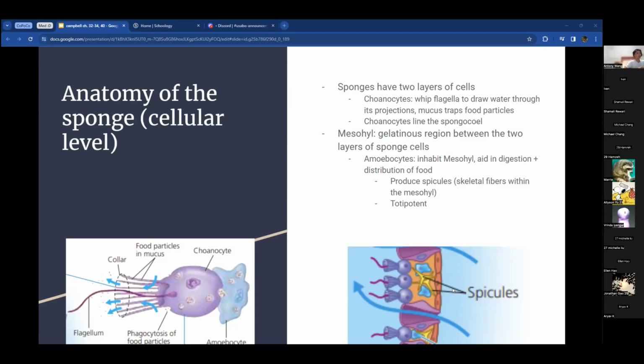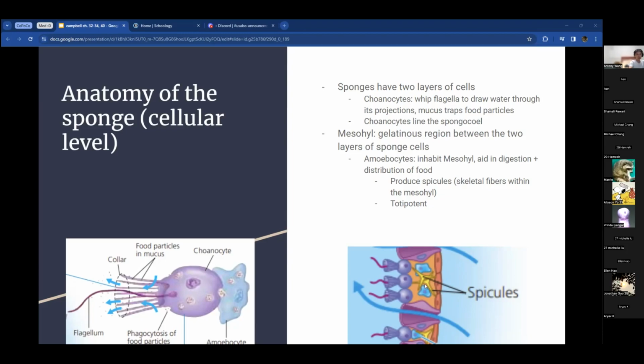These are called amoebocytes, and these amoebocytes build the mesohyl, which is a gelatinous layer. So think of it as like a cushion between the two cell layers. So it builds a cushion between the inner and the outer cell layers, and it deposits these things called spicules, and they're like skeletal fibers.